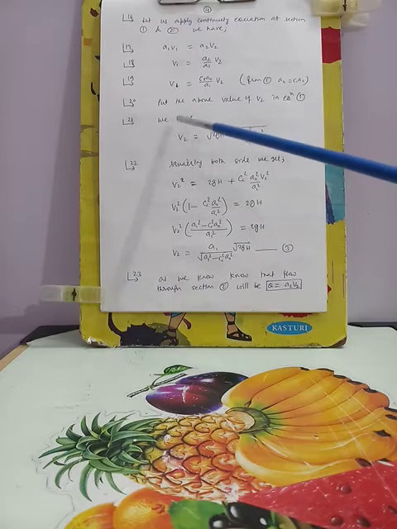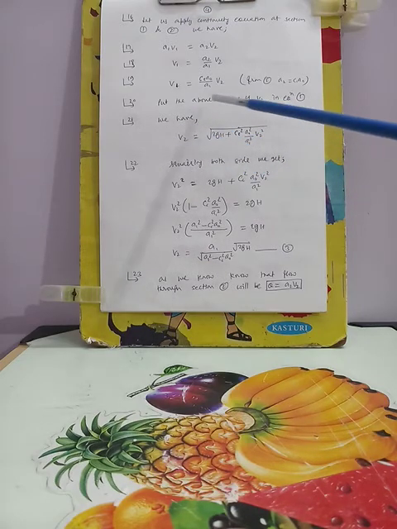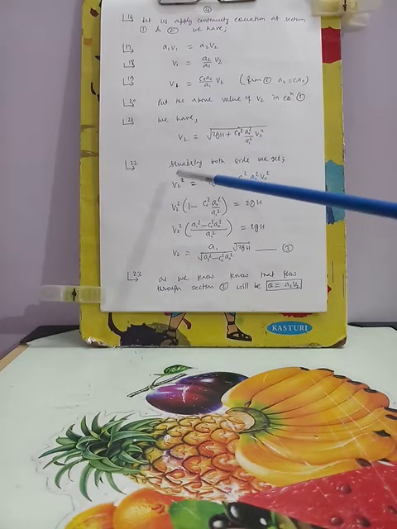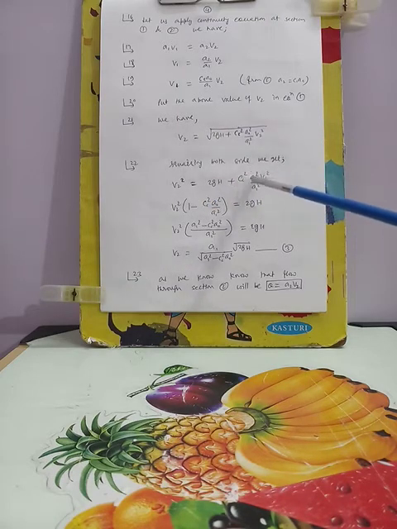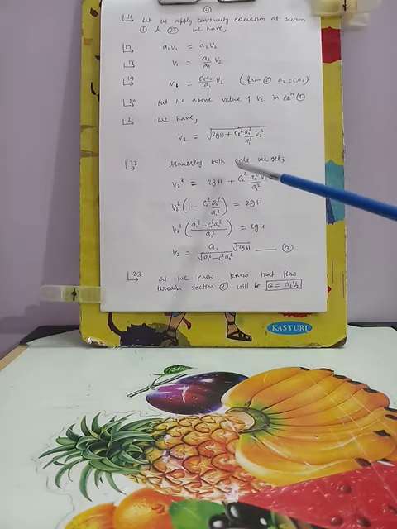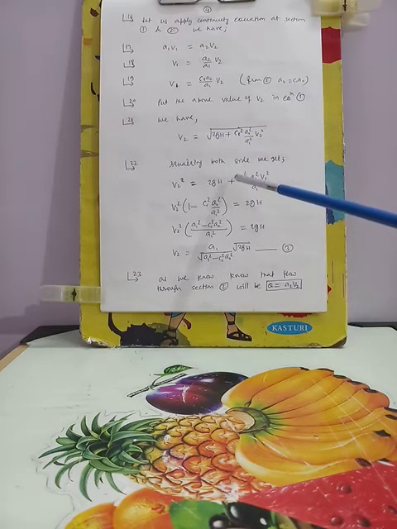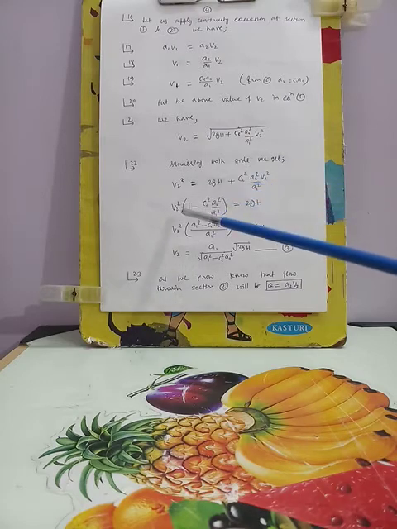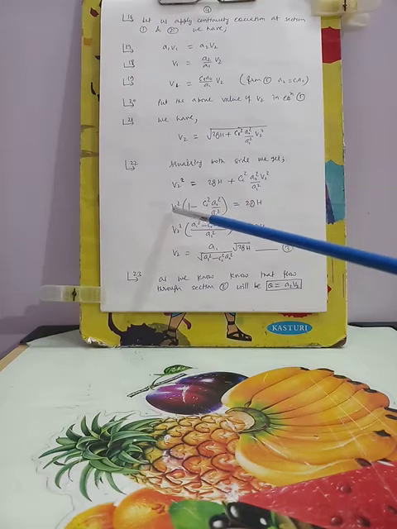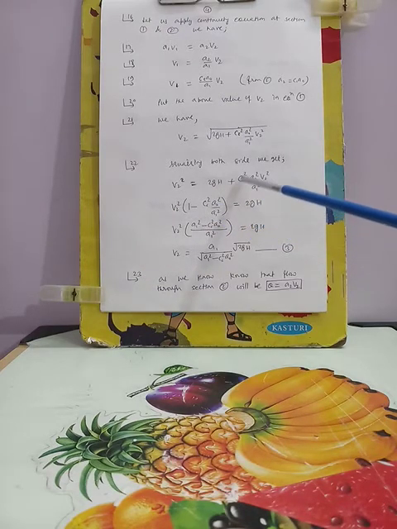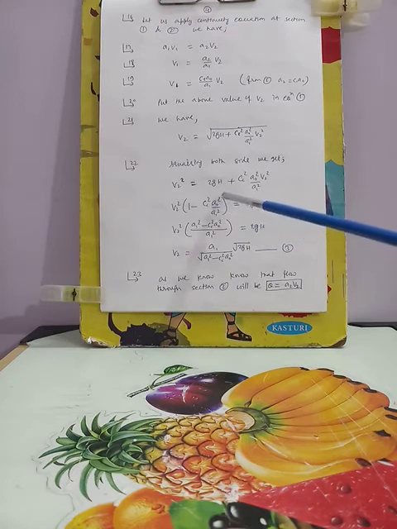Let us square both sides of this equation. We get V2 square is equal to 2gh plus Cc square A0 square V2 square by A1 square. Now take V square terms to one side, say the left side, we take V2 square terms and common out the V2 square, and we get V2 square into 1 minus Cc square A0 square by A1 square is equal to 2gh.